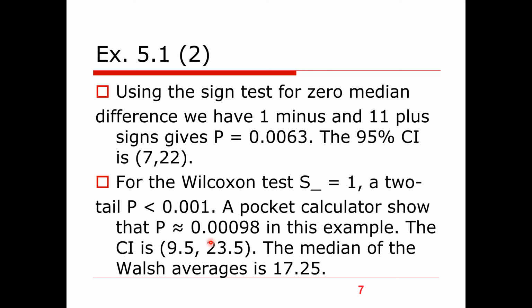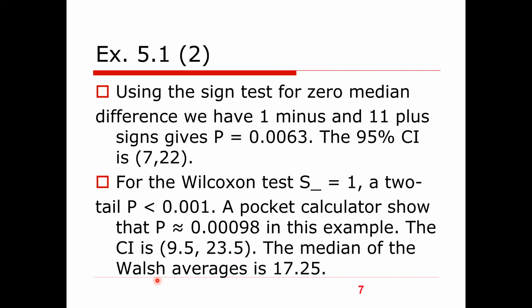These two p-values may seem to vary a lot, but they lead us to the same conclusion, right? And the asymptotic confidence interval is between 9.5 and 23.5.